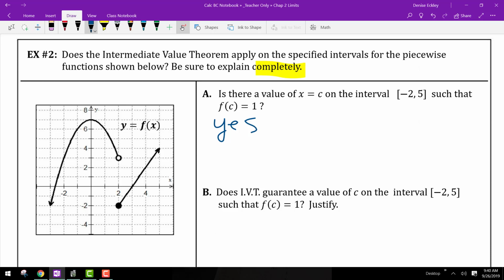We're looking for a value where f of c is 1. So right here, here's 1. It's right there on the graph. There's f of c equals 1. So yes, f of c equals 1 exists on our interval.